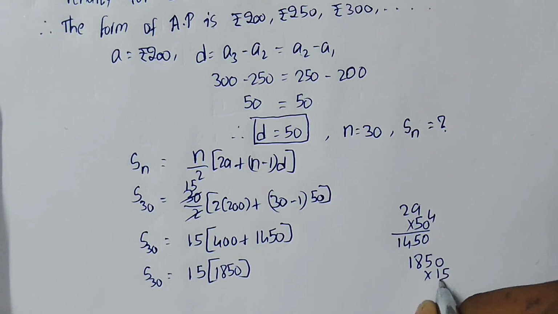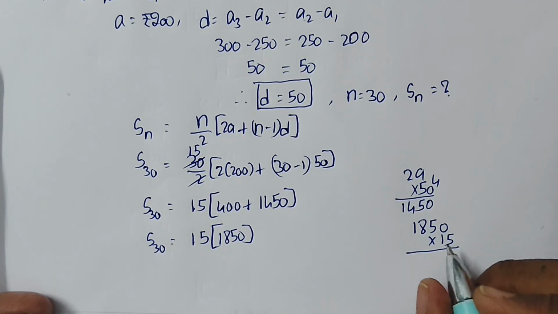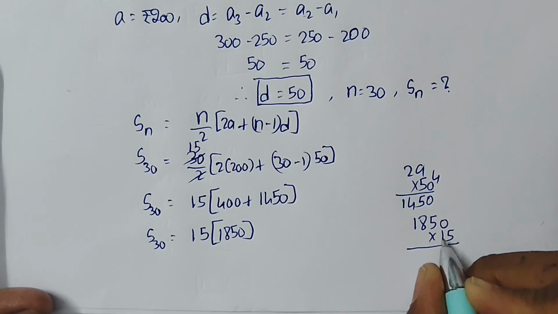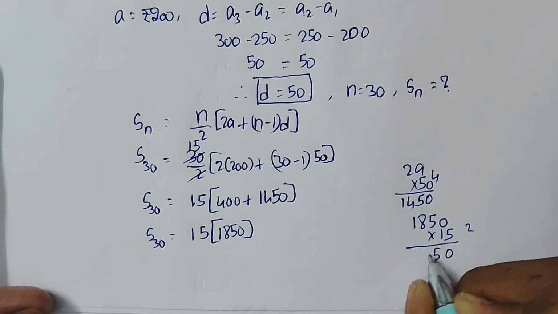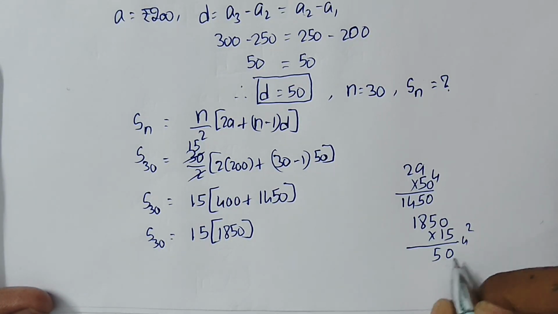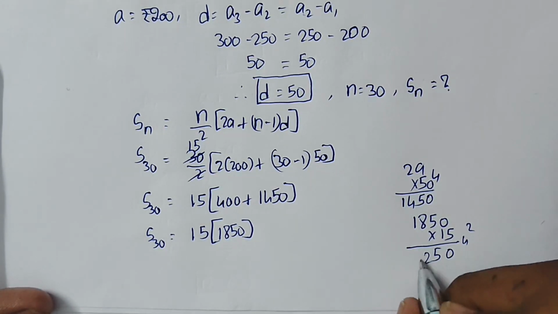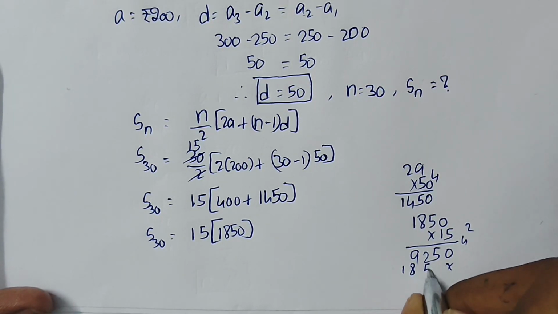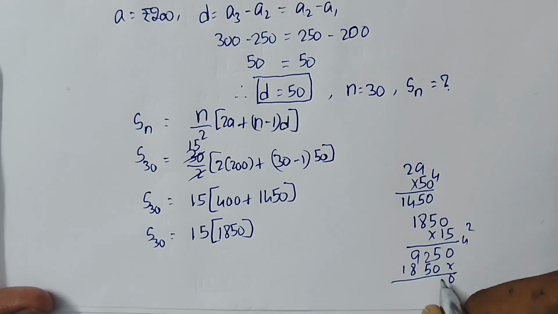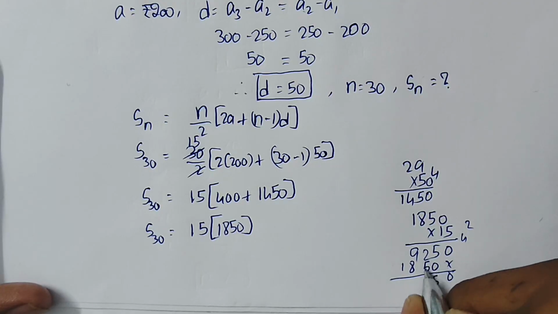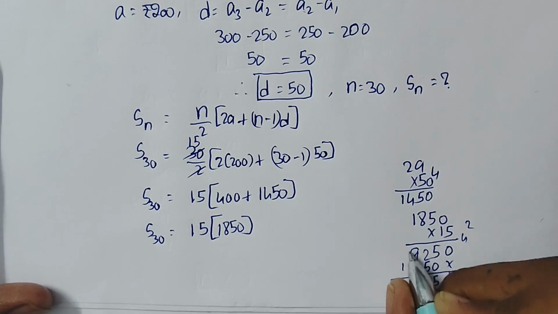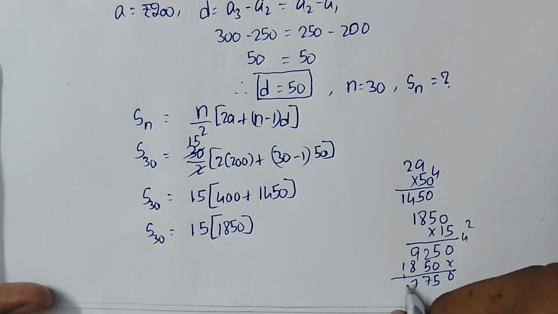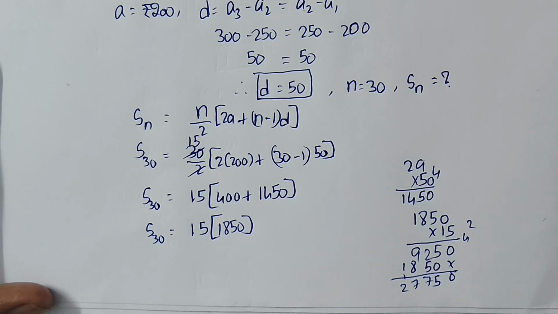1850 into 15. So 5 zeros are 0, 5 fives are 25, 5 eights are 40 plus 2, 42, 5 ones are 5 plus 4, 9. Then 1 into 1850, 0, 5 plus 0 means 5, 5 twos plus 5, 7, 9 plus 8, 17, 2 plus 2, sorry 1 plus 1, 2.